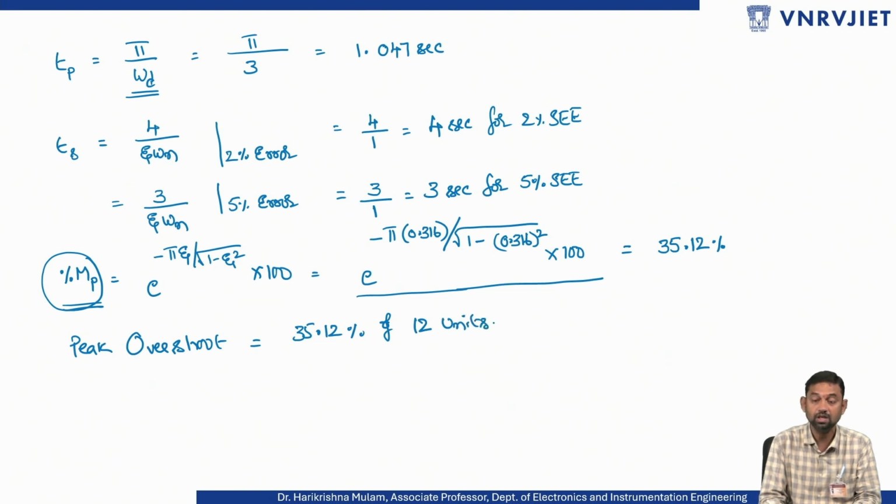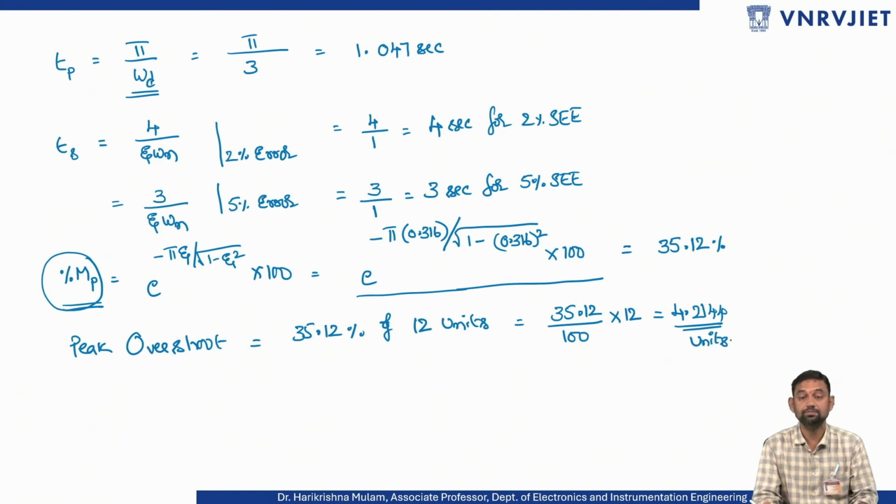This percentage overshoot gives you information about the deviation from the desired value, which is expressed as a percentage of desired value. Therefore, this peak overshoot is 35.12% of 12 units. That is equal to 35.12 by 100 into 12 units, which is equal to 4.2144 units.